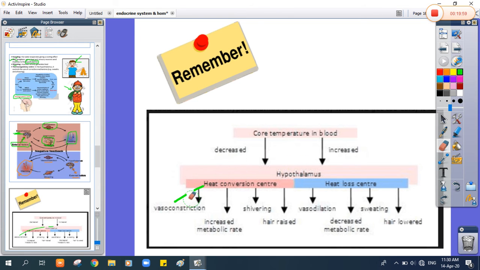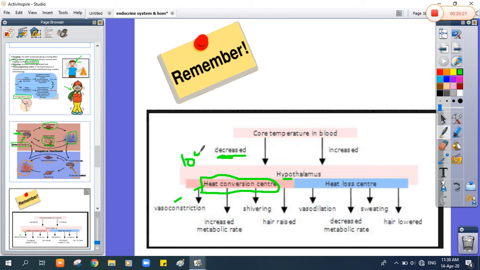Okay. The core temperature in your blood, when the temperature is decreased, the hypothalamus heat conversion centers, okay, when the temperature here is decreased. Means what? Means, for example, that the temperature here is 10 degrees.